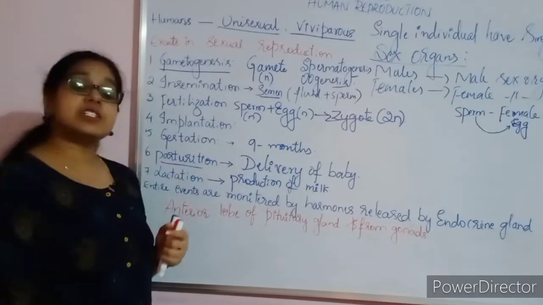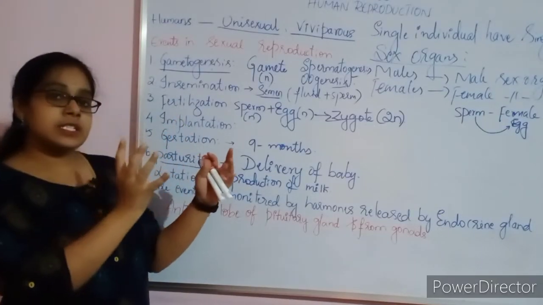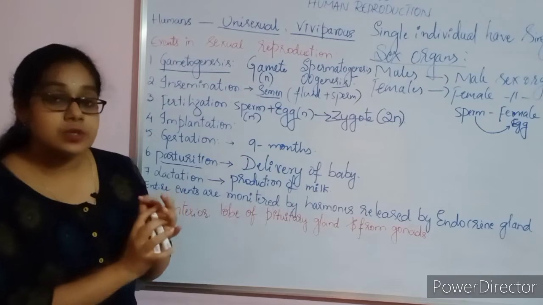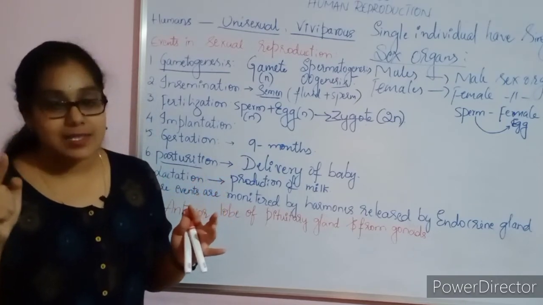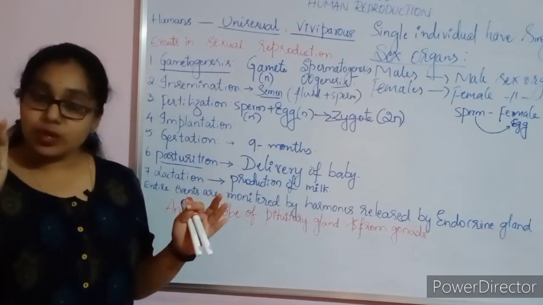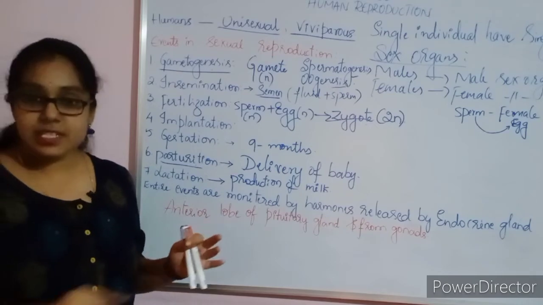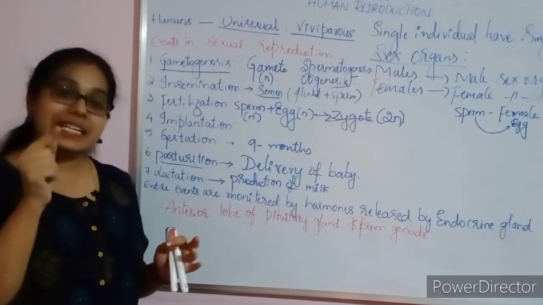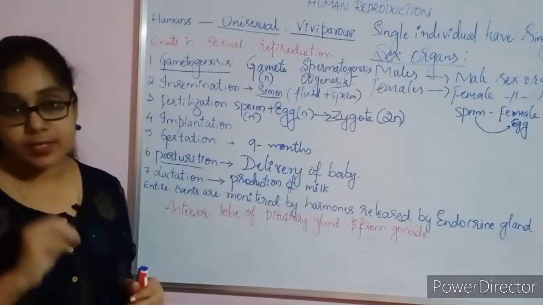Okay, next is gestation. When the zygote attaches to the mother's womb, the pregnancy period starts in females. That pregnancy period lasts for 9 months. That time duration of pregnancy in females is called the gestation period.